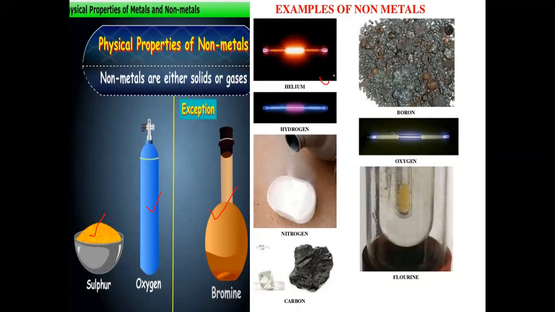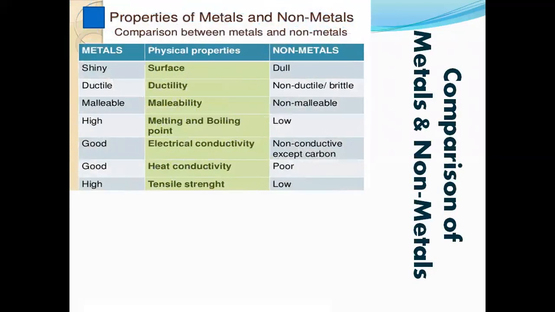There is helium gas and hydrogen gas, which can glow and is present in tubes like that, and nitrogen, which can be present in liquid form, carbon in coal form as well as in diamond form, fluorine, and oxygen in gas form. And boron is also in powder form, so boron is also a non-metal.